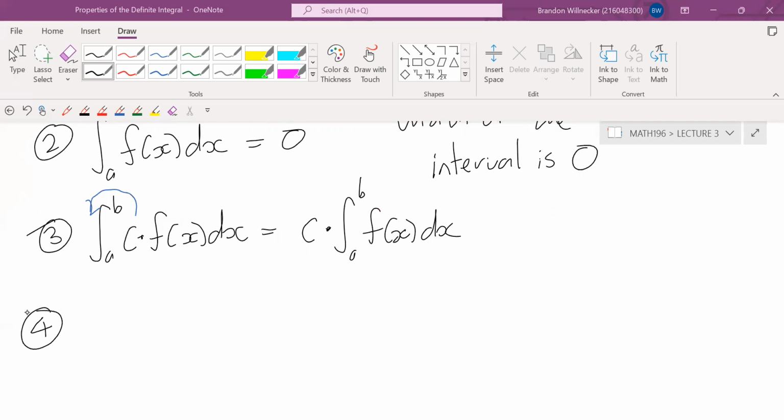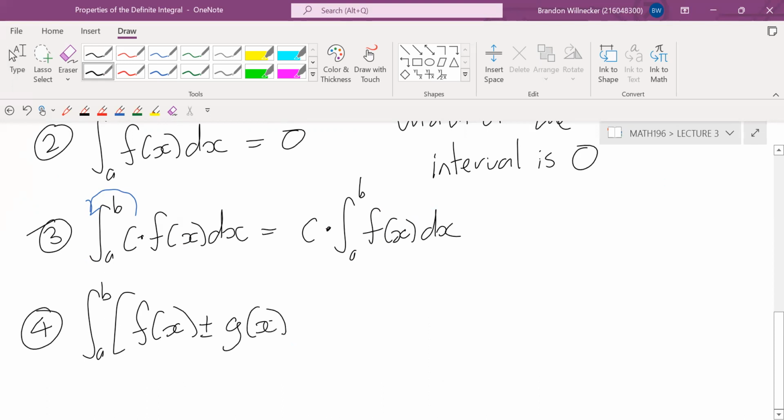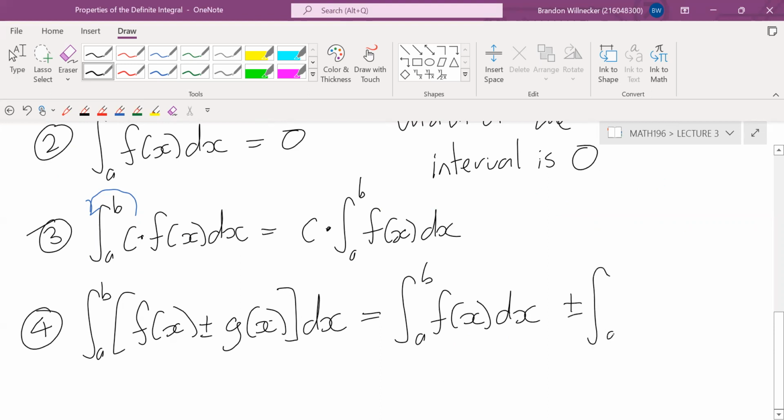Number 4, the integral from a to b of f of x plus or minus g of x dx is equal to the integral from a to b of f of x dx, again plus or minus the integral from a to b of g of x dx.